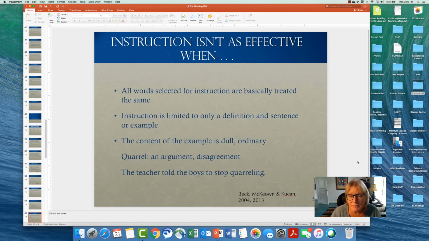One reason that Beck and colleagues say that often vocabulary instruction isn't effective is because we treat all words like they're the same and have an equal level of importance. Very common for it to be, here's the word, here's the definition, now use it in a sentence. And then that we don't make it very interesting. So, quarrel: an argument or disagreement. That's a very typical dictionary definition.